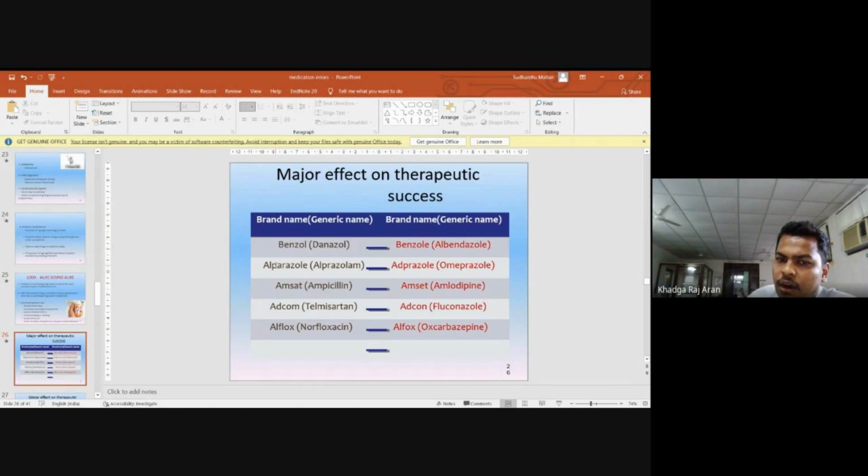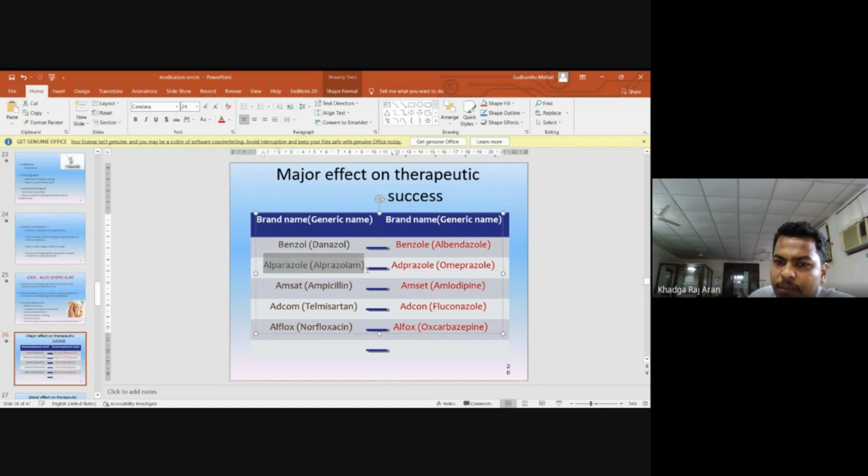Next is alprazole, which consists of alprazolam, and next is edrazole, which consists of omeprazole. The therapeutic use of these medicines is different. Next is omsat and amset. Omsat consists of ampicillin, but amset consists of amlodipine, and the uses of these medicines are different.